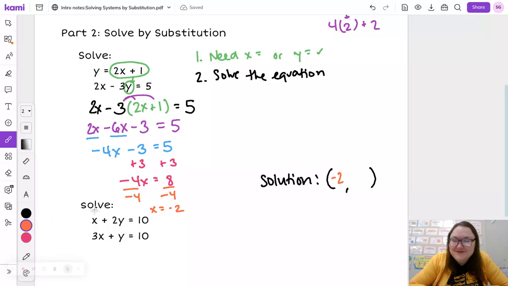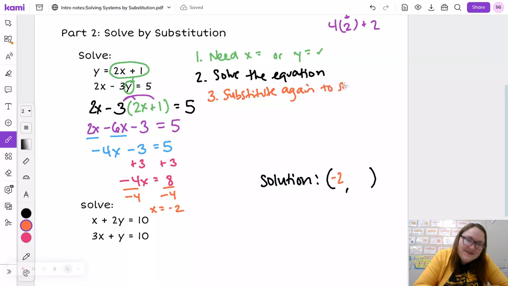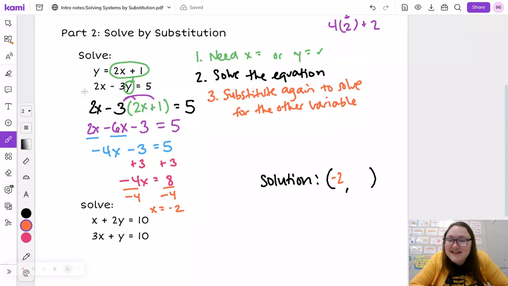And so the way we do that in this last step here is we are going to substitute again to solve for the other variable. And so if I look at my two equations, I can use either. For me, because I'm trying to find y, this first equation that says y equals looks a little easier.